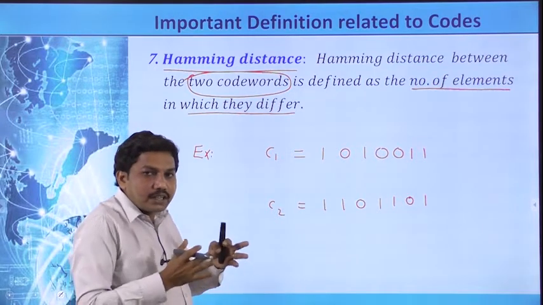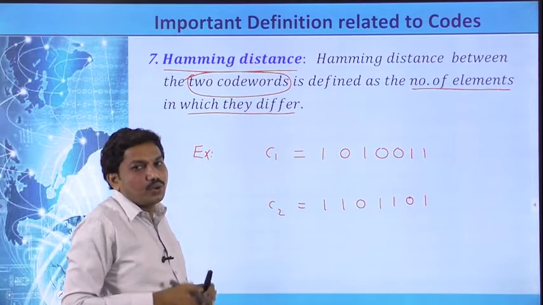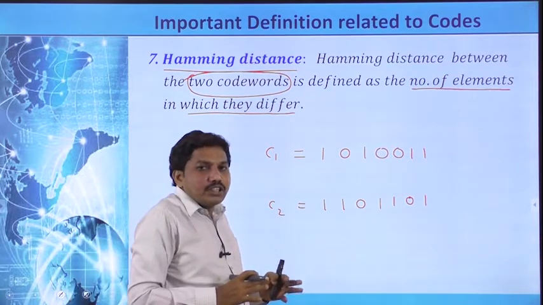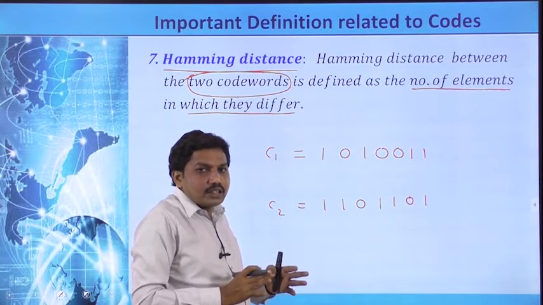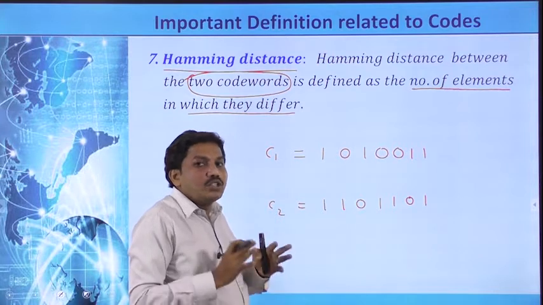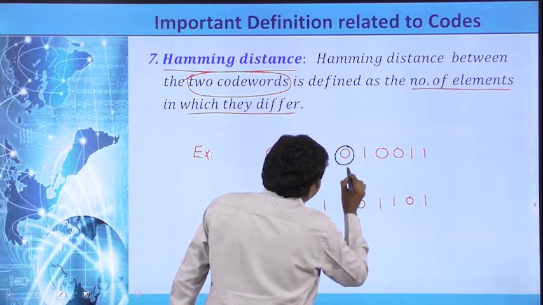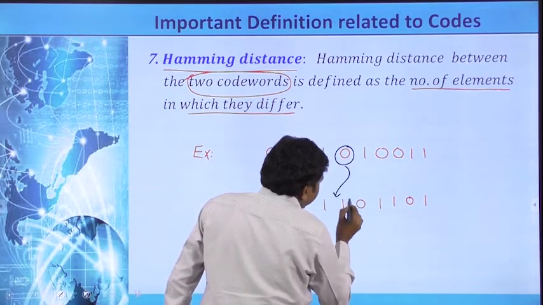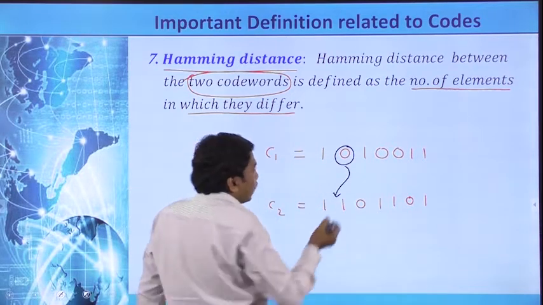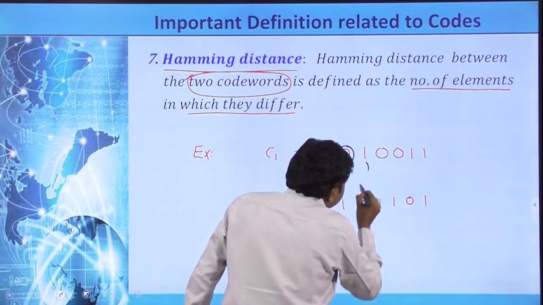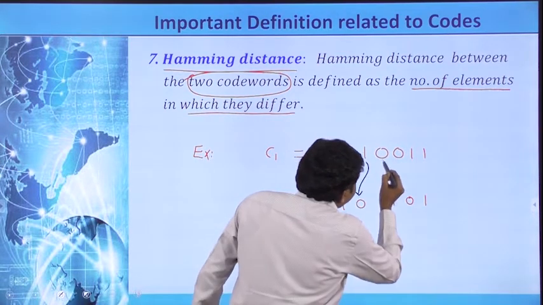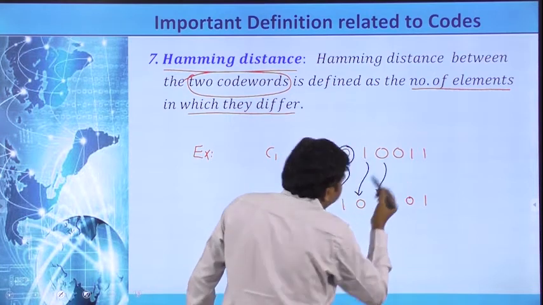So how to calculate the Hamming distance between these two code words? Hamming distance between two code words is defined as the number of elements in which they differ. Look here. In C1 we have a 0, and in C2 it is 1. That means 1 bit is changed. Similarly in C1 there is a 1, changed to 0. This one is 0, changed to 1.